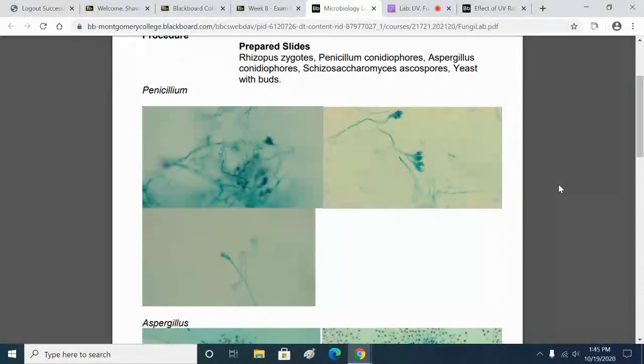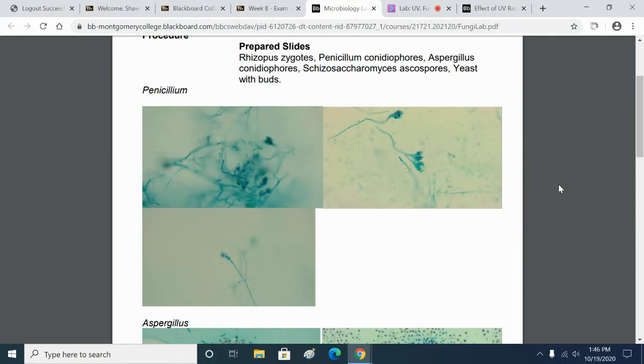What's special about Penicillium? Is that what they use to make penicillin? Yep. Right. So that's the fungus from which penicillin comes.